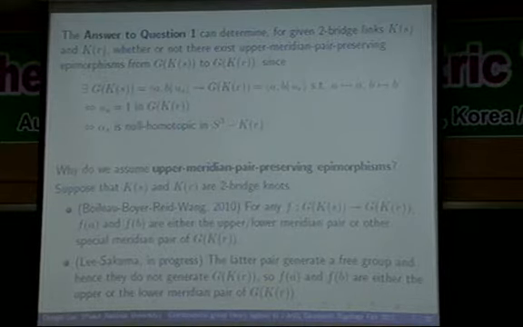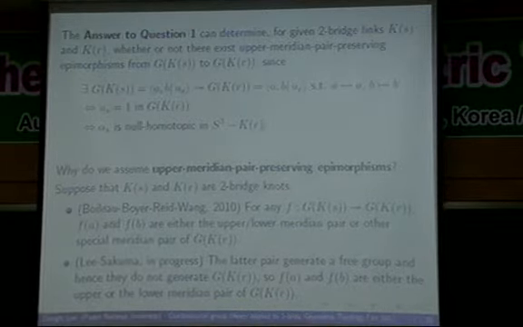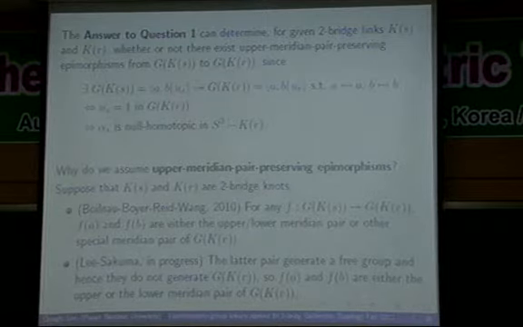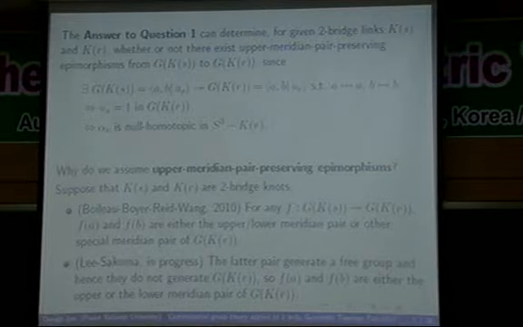Suppose that K(S) and K(R) are hyperbolic. Then these four people proved that for any epimorphism from this two-bridge link group to this two-bridge link group, the images of A and B are either an upper meridian pair or some other special meridian pair of G(K(R)).